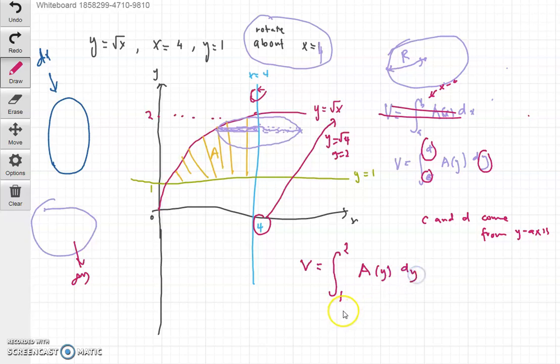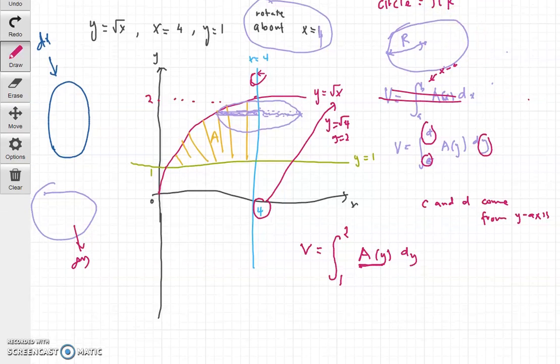Okay, next we are going to tackle how to find the value of A(y). As we know, we get the object of a circle, and the formula for a circle is pi r squared.